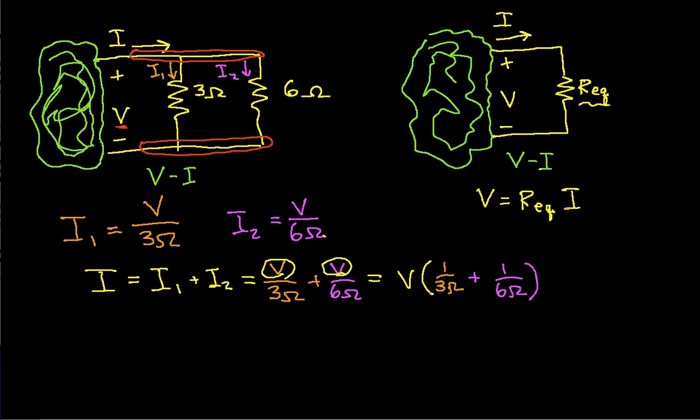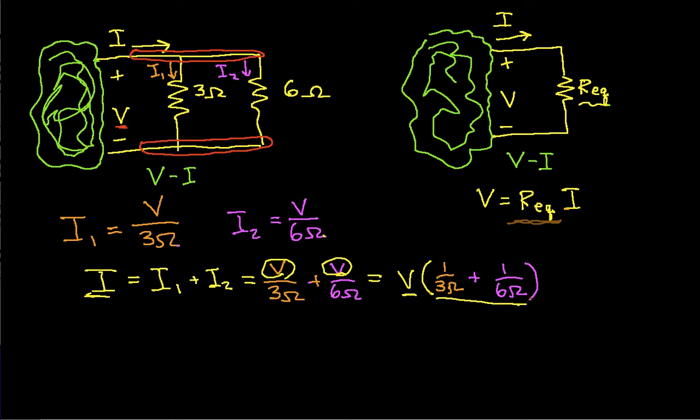Now to get this in the form of V is equal to something times I, which we want to do because that something, if we can find it, will be the equivalent resistance, we divide both sides of this equation that relates I and V by this term.